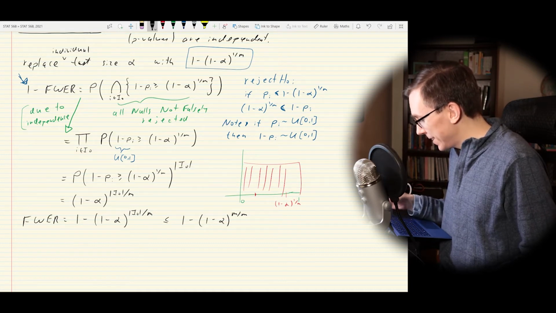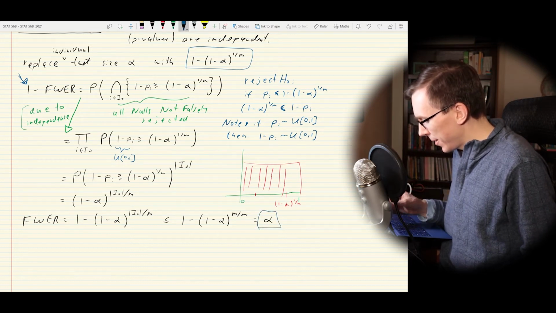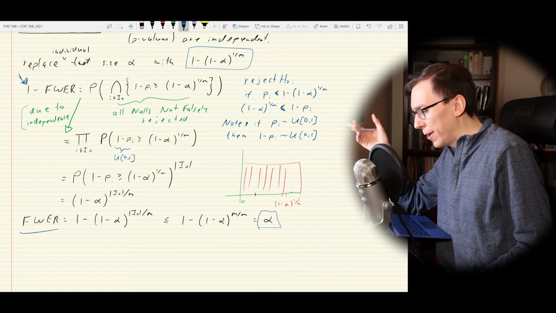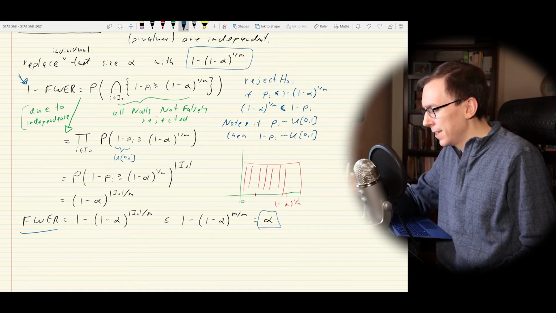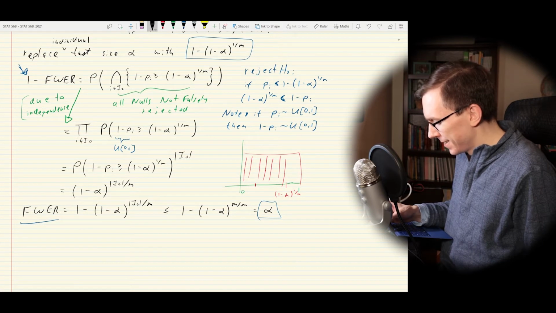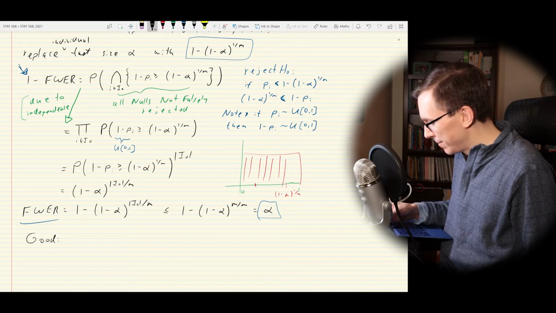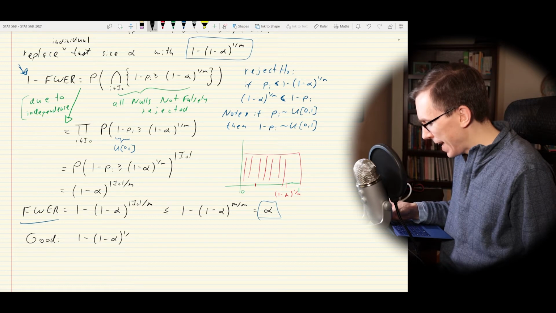And then lastly, that just becomes alpha. So once again, we show that our family-wise error rate is less than or equal to alpha. In this case, the good is that 1 minus alpha to the 1 over m is going to be greater than or equal to alpha over m.